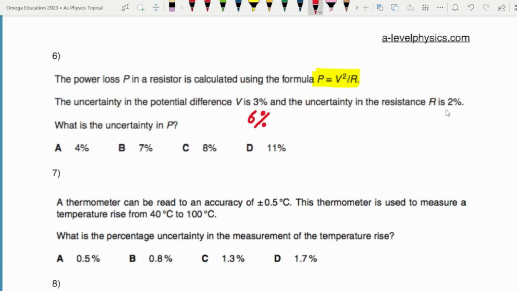So for the resistance, we have 2. Now we add these two. What do we get? We get 8%. So the percentage uncertainty of P equals twice the percentage uncertainty of V plus the percentage uncertainty of R.